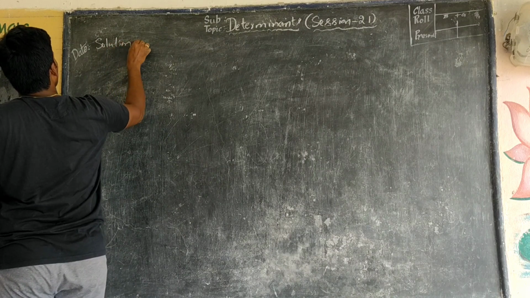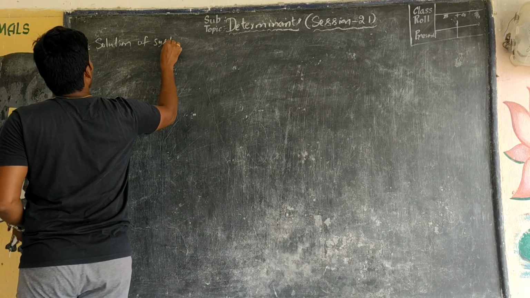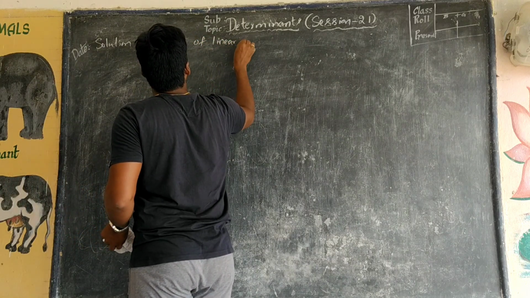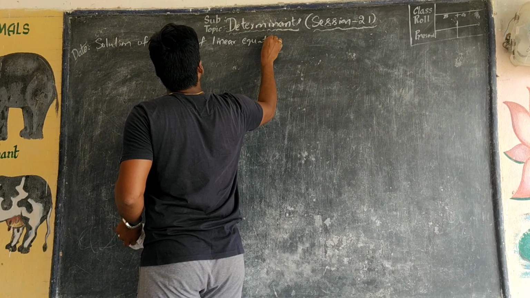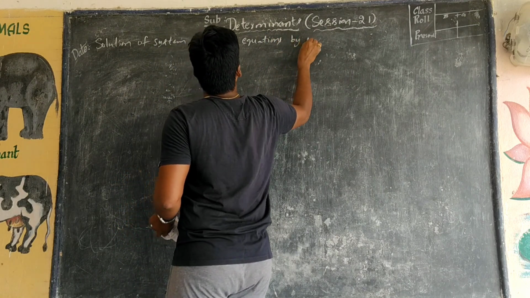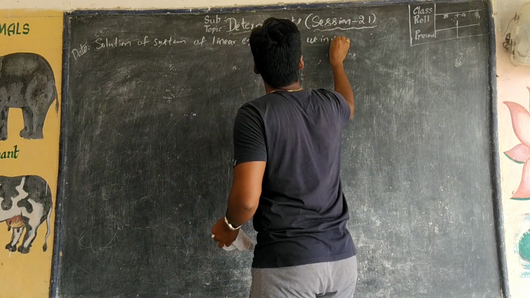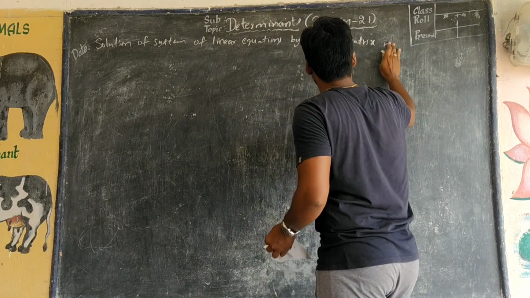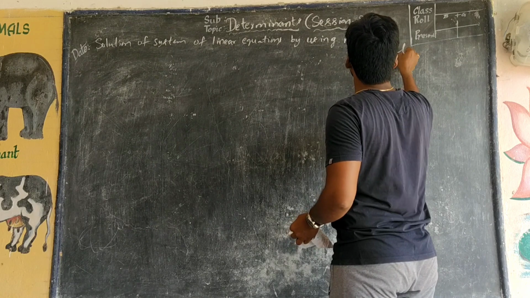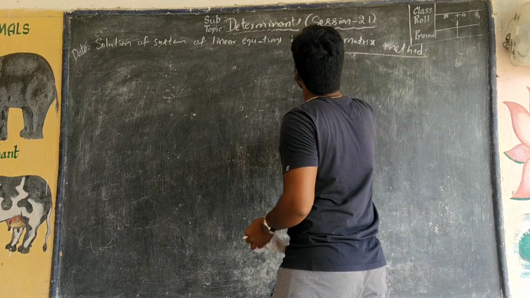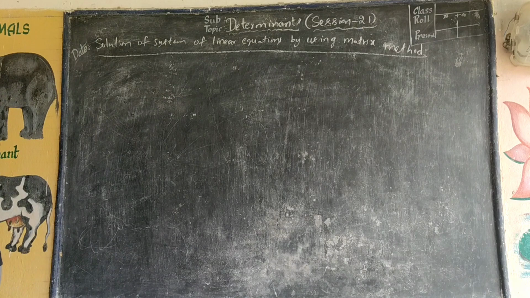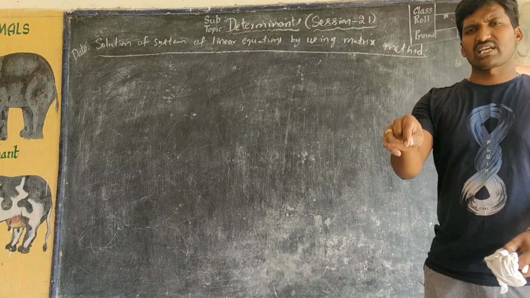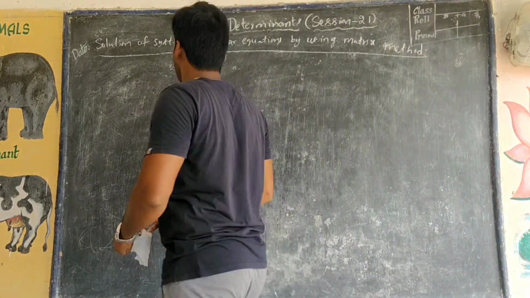Solution of a system of linear equations by using the matrix method, or actually the matrix inverse method, as we call it. By using the inverse of the matrix only, we are finding the solution.